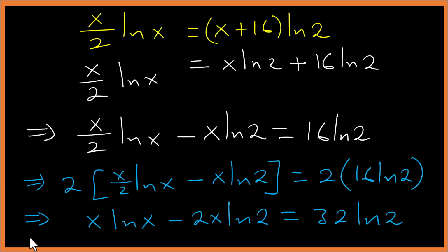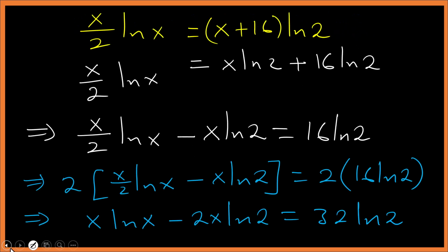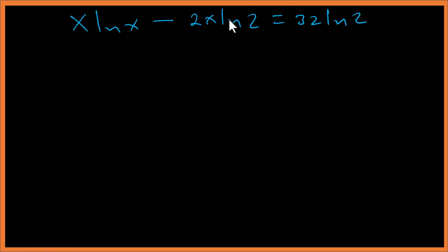All right, so we have x ln of x minus 2 ln of 2 equals 32 ln of 2, where we can take x out.